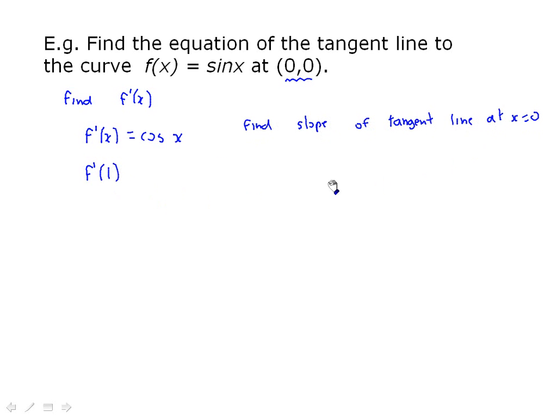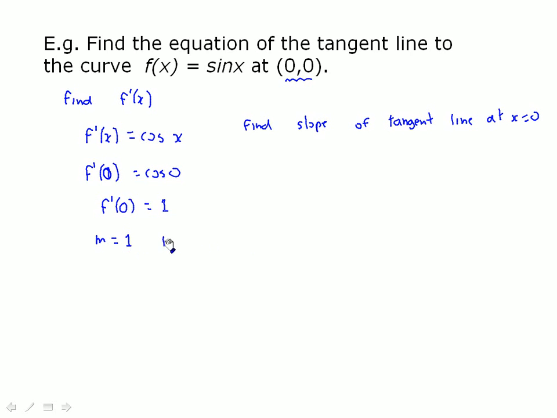Or x equals 0. So why did I write 1? Okay, f prime at 0, excuse me. So f prime at 0 is equal to the cosine of 0. Well, the cosine of 0 radians is going to be equal to 1. So therefore, m is equal to 1.